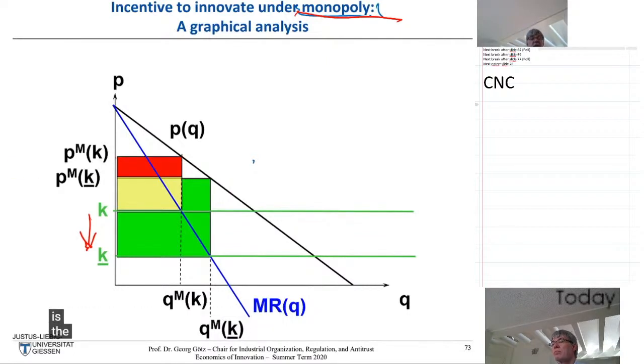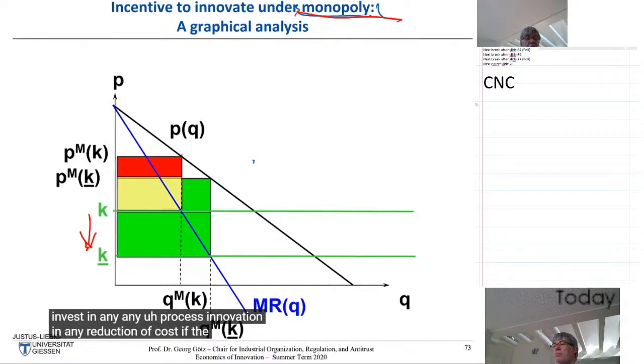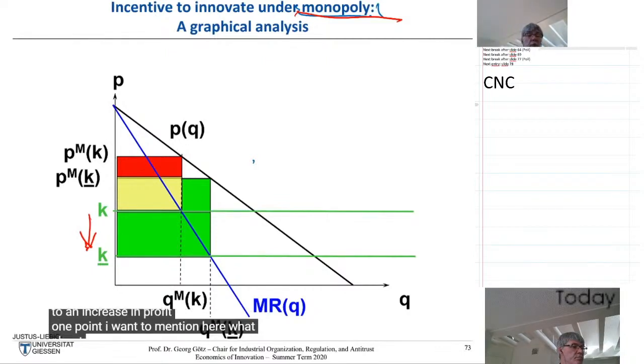So this is the gain from innovation for the monopolist. And the monopolist would invest in any process innovation, in any reduction of cost, if the cost of introducing this innovation is lower than the green area minus the red area, because then it would lead to an increase in profit.